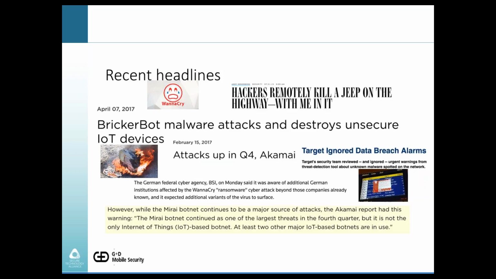In the last year or two, we've seen a lot of these headlines where we don't know, since there's been a general threat of cyber attacks, whether it's IoT or not. So there were the hackers who remotely got into the Jeep while it was running on the highway, and that was just to demonstrate that it could be hacked, fortunately.